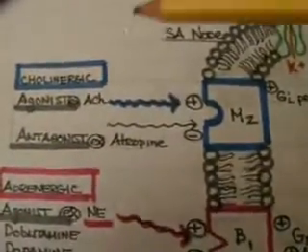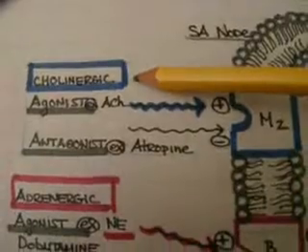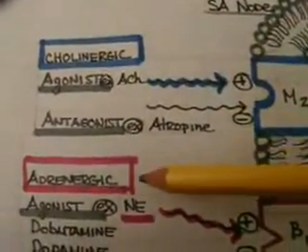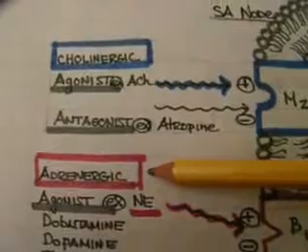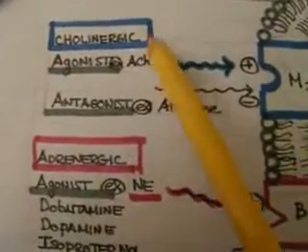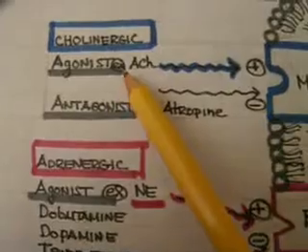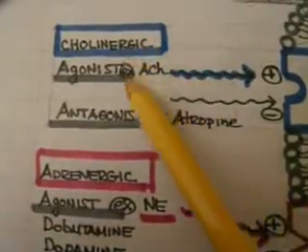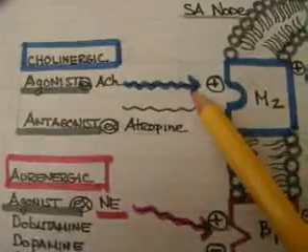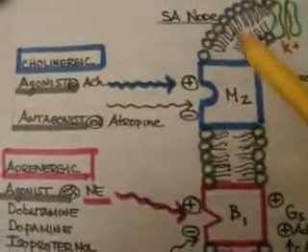And an example that's illustrated down below here is the SA node. And we can see here that the cholinergic influence comes from the parasympathetic nervous system, and the adrenergic influence comes from the sympathetic nervous system. And the cholinergic agonist, in which we'll use the example of acetylcholine, binds to the muscarinic receptor, which happens to be the M2 receptor on the SA node.